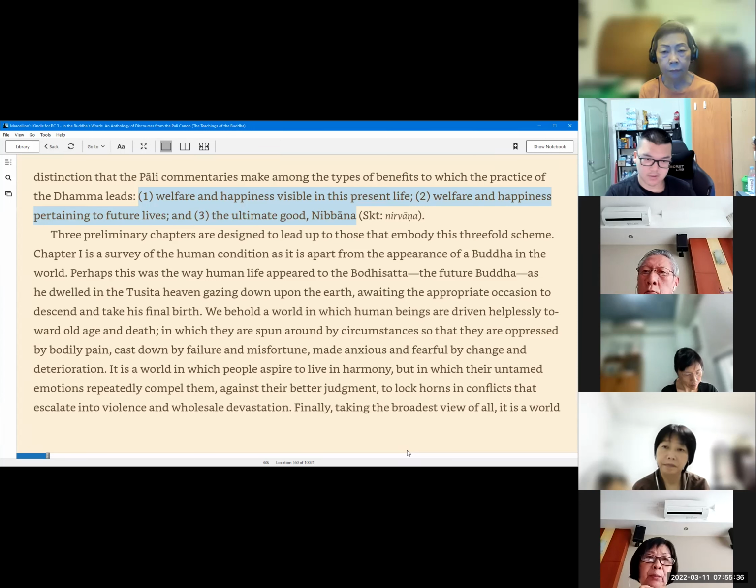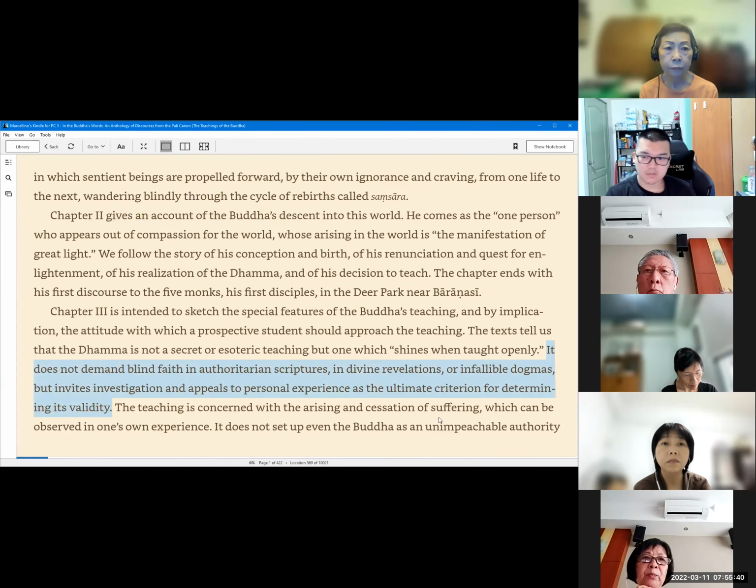Finally, taking the broadest view of all, it is a world in which sentient beings are propelled forward by their own ignorance and craving from one life to the other, wandering blindly through the cycle of rebirth called samsara. Sister Aikim, this is the brief description of the first chapter, talking about the human condition and our conditions.